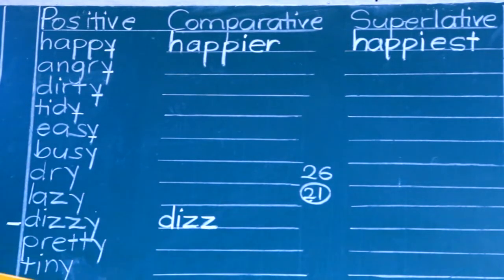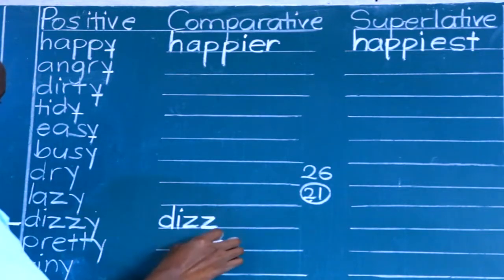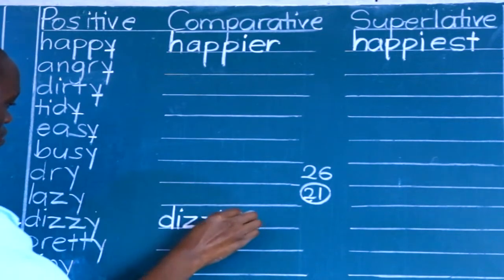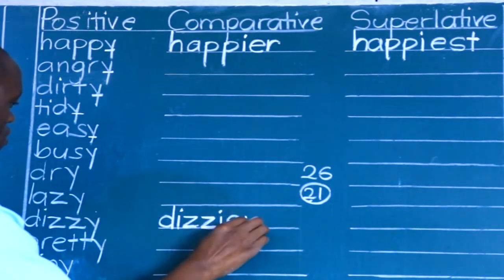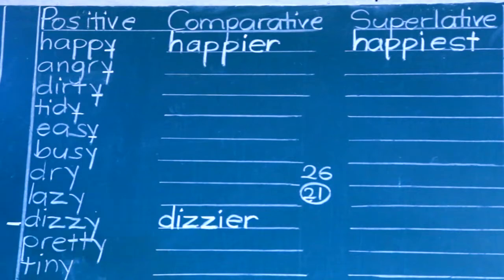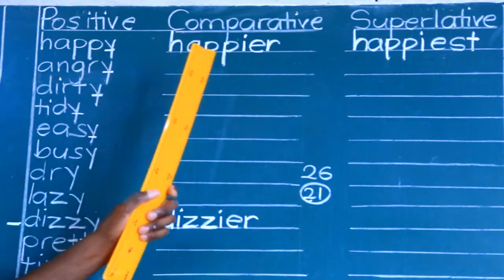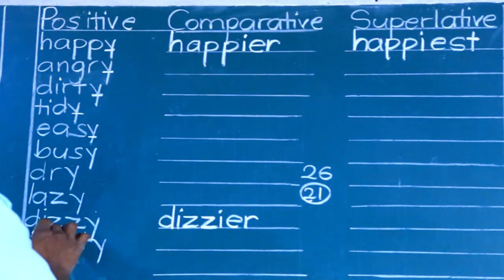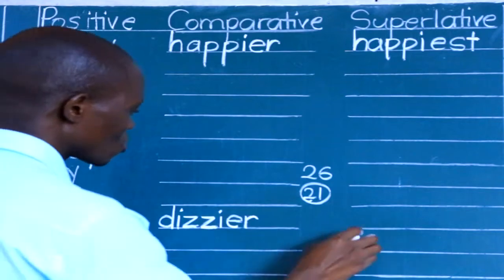We don't need the last letter like the teacher just told us. But what do we need after throwing it away? We need I, E, and letter R. Finally, we have formed the comparative of this, which is dizzier. Yes. From dizzy, dizzier.